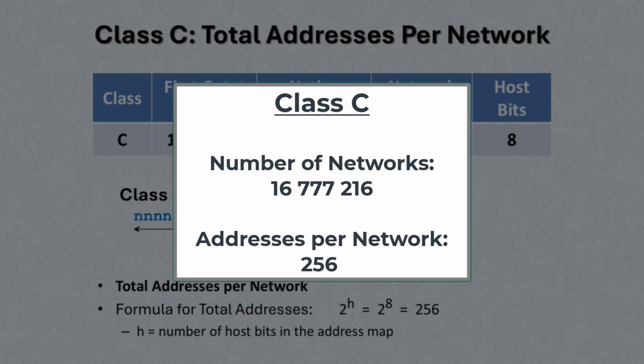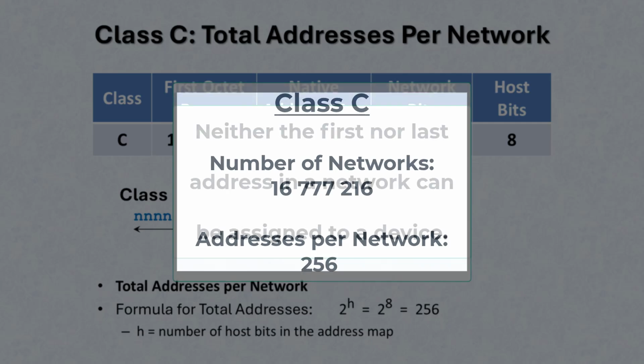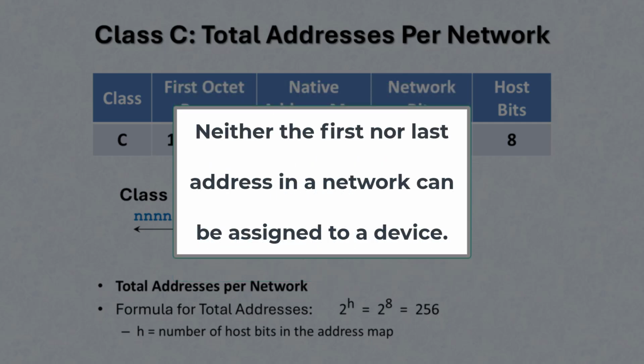This means we can have a total of 16,777,216 Class C networks. And each network can have a total of 256 addresses. However, 2 of those addresses cannot be assigned to a device. If you are wondering why 2 addresses in every network cannot be assigned, be sure to watch the next video in the series.